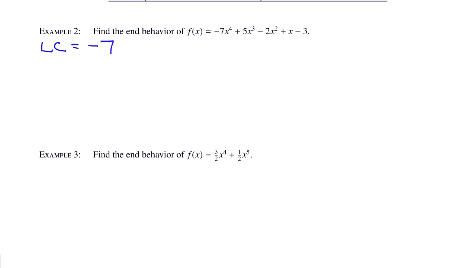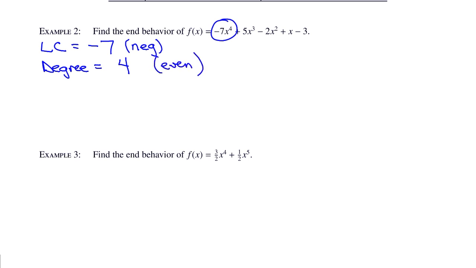Remember, the leading coefficient is the coefficient of the term that gives us the degree. And we don't care that it's negative 7 as much as we care that it's negative. And then what is the degree of this polynomial? The degree is 4.